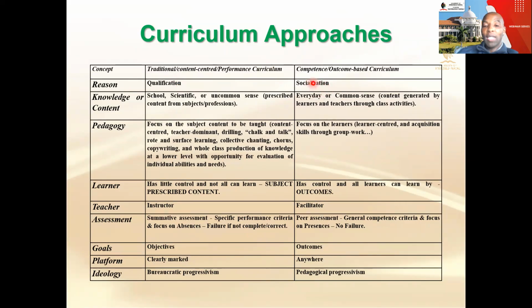But if you prioritize this one, it means you may be learning to be able to socialize with other people, to debate, to defend yourself without necessarily following a specific discipline that may help you to interrogate your activities, you see. That's what is happening there. So in terms of pedagogy, this side is what we call talk and talk, or others would say is collective chanting, where students are giving you answers as if they are singing.